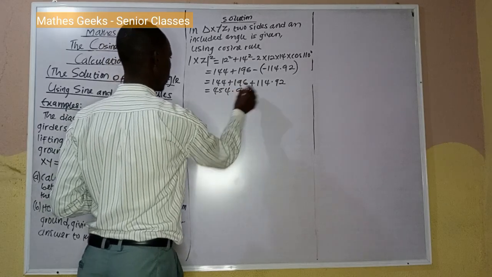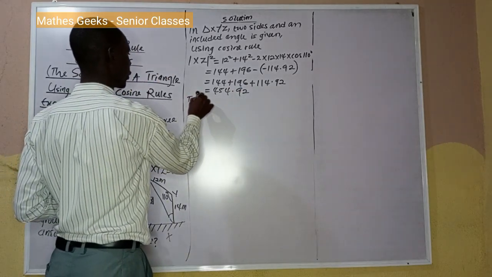So we add everything together, 454.92. Let me take the square root of both sides.